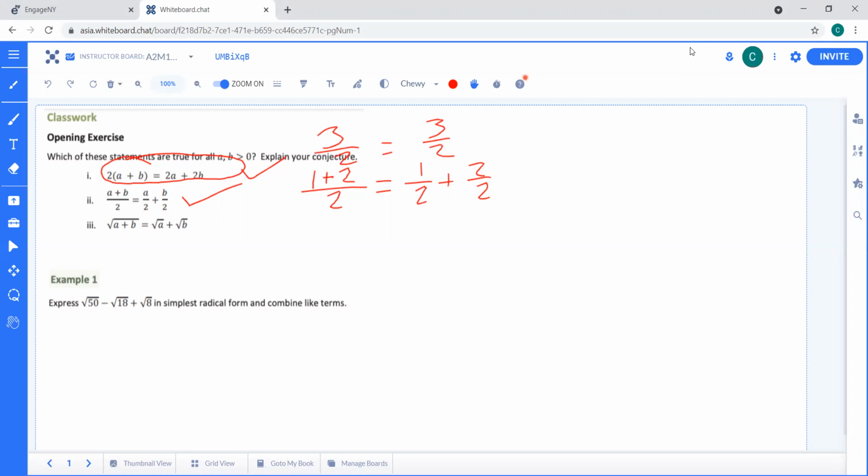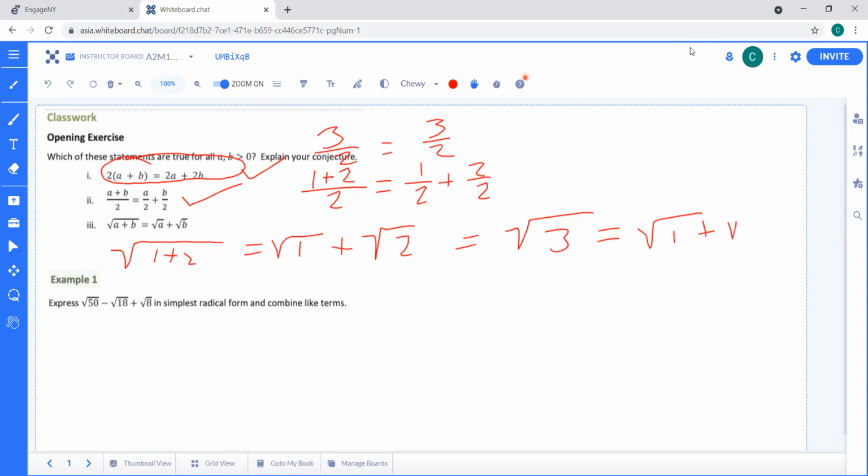So now getting into radicals, what is it going to be? Well, we can rewrite that as the square root of 3 is equal to the square root of 1 plus the square root of 2.